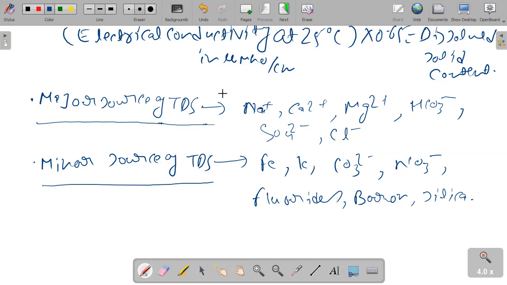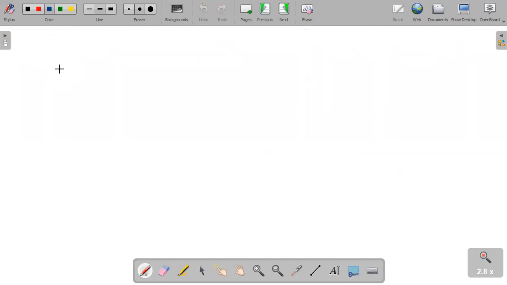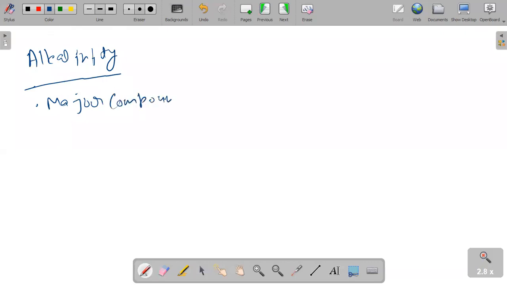Let's move on to the next thing, alkalinity. In alkalinity we talk about major and minor compounds. The major compounds are CO3 2-, HCO3- and OH-.